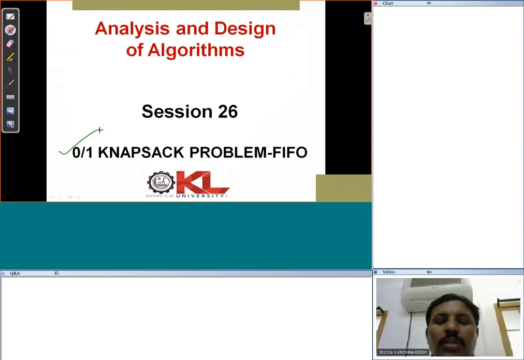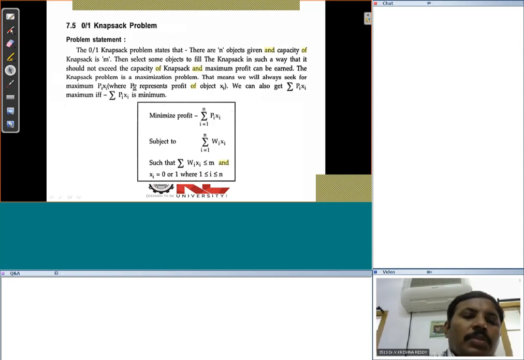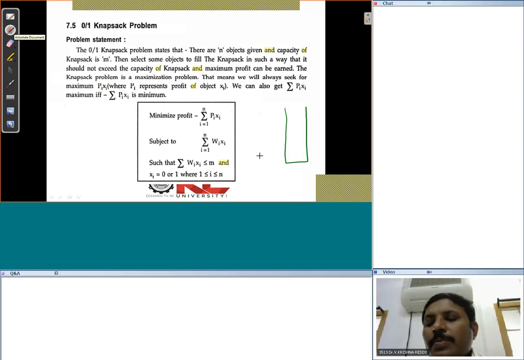First we want to see the basic terminology of the knapsack problem. I hope it is the fourth time we are discussing the knapsack problem. How can it be defined? The knapsack problem is nothing but one bag, a knapsack or container, with capacity of m, and they will give n number of objects.